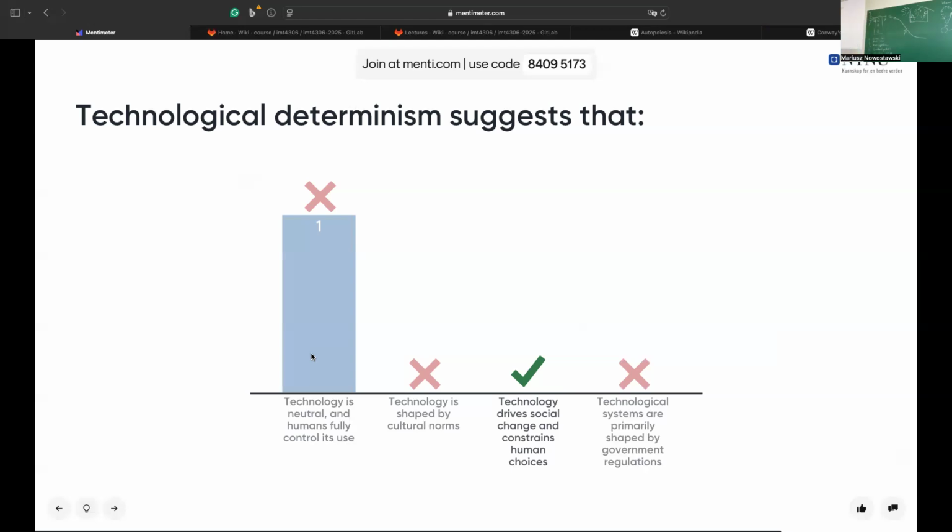Maybe we found some other way to communicate rather than through our phones. Then we wouldn't have the same technological drives to social in another way. So yeah, definitely.